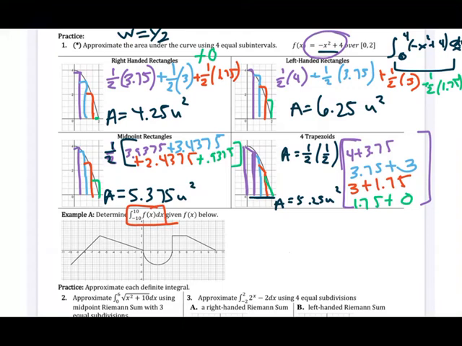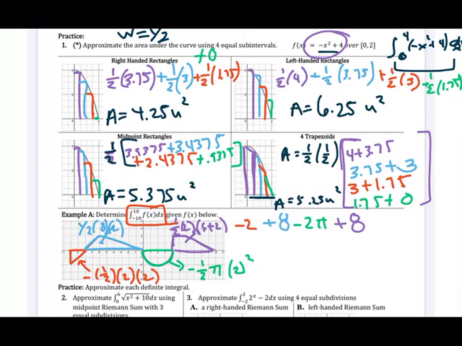Now keep in mind, if the area is going below the x-axis, that means we're talking about negative area, so we would subtract that area. So go ahead, break this up into shapes that you think are easy to find the area of and add those areas together, considering that negative area is below the x-axis and positive area is above.